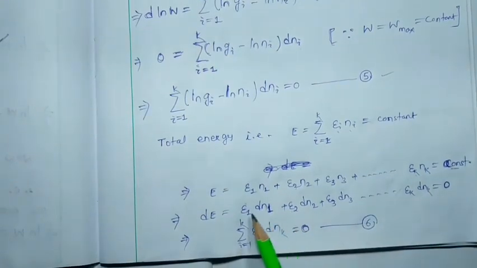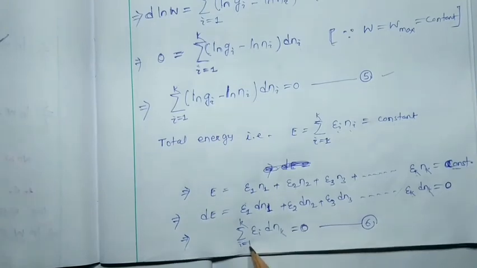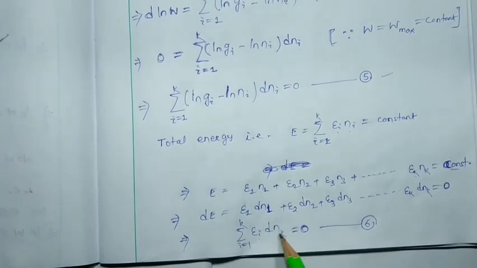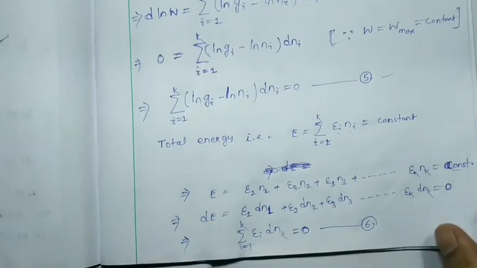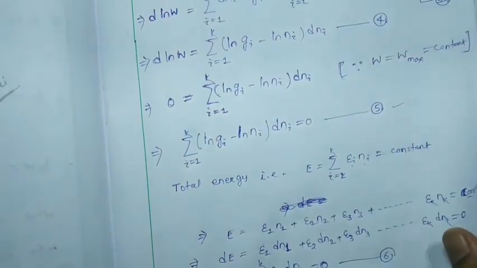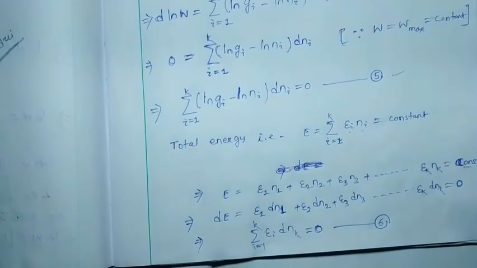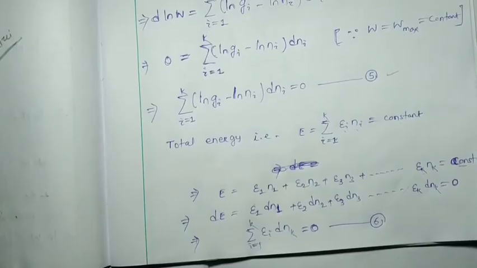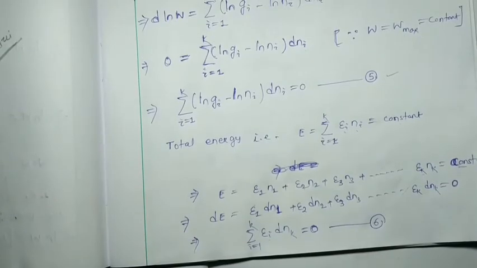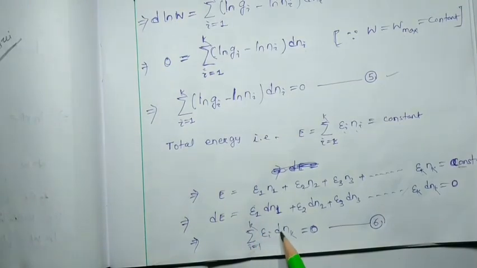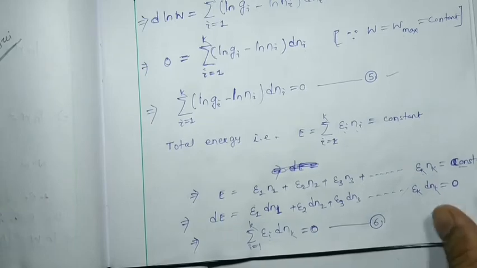That can be written in summation format as summation over i equal to 1 to k of epsilon i dni equal to 0. Let that be your equation number 6.